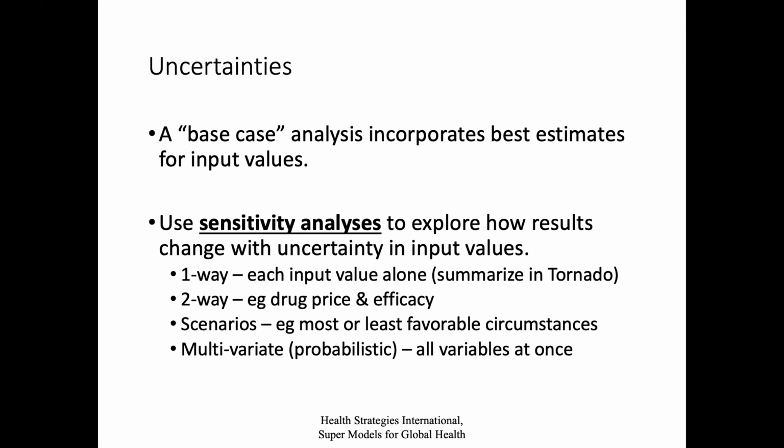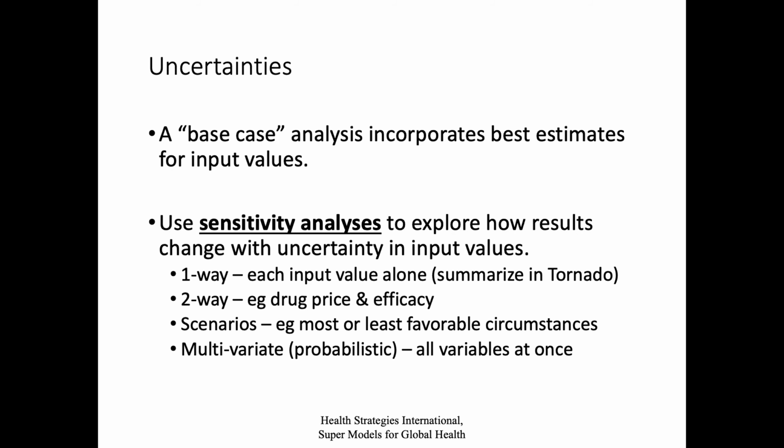My recommendation is to err on the high side of the range. There's nothing reviewers like less than an evident, unfairly narrow uncertainty bound. Everyone wants to see the uncertainty analysis, so use the broadest reasonable uncertainty bounds. That's summarized in something called a tornado diagram, which I'll show you in a minute.